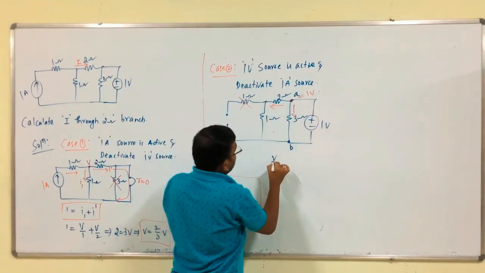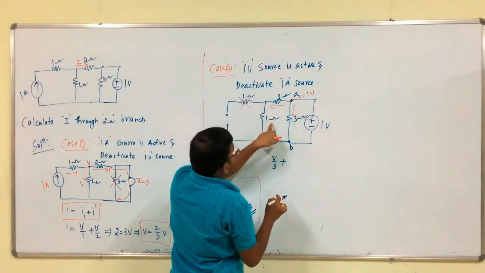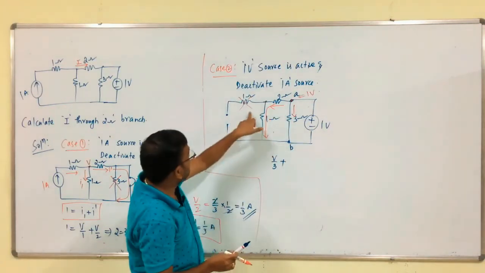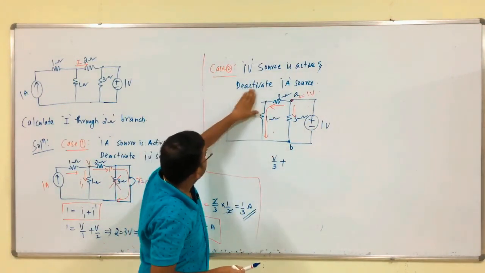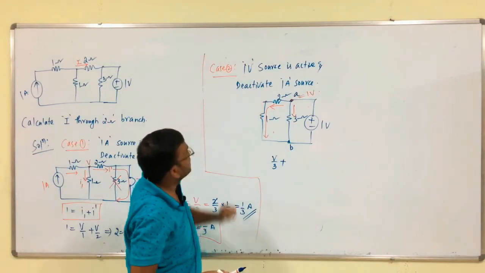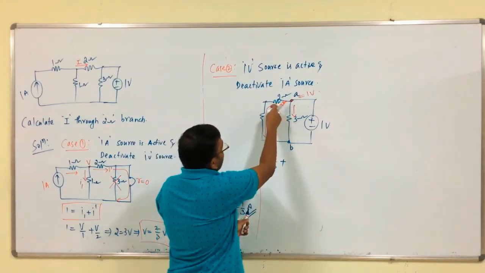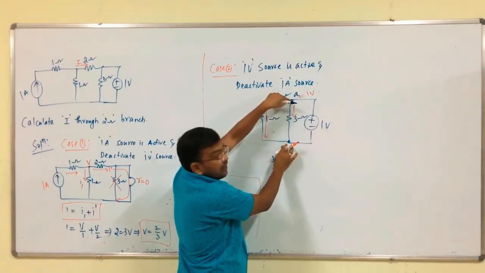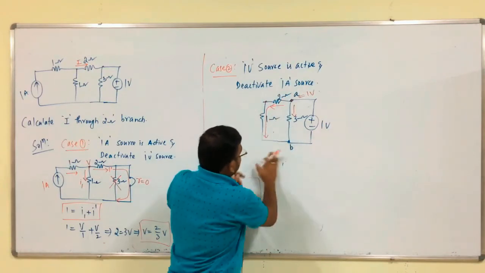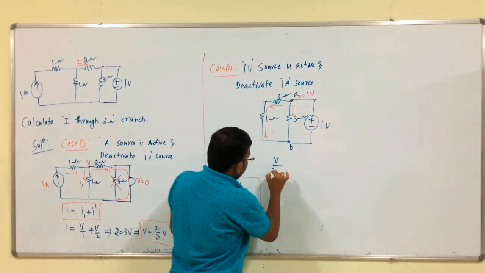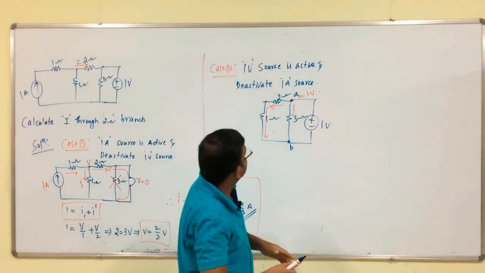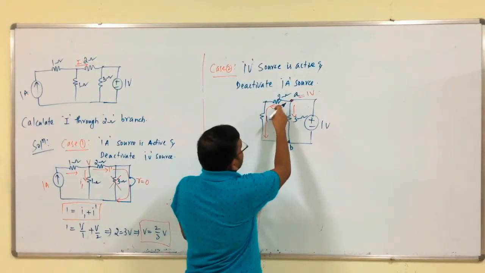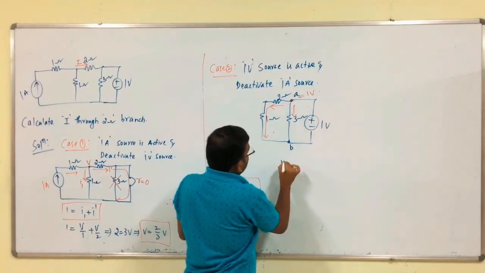So, V by (2 plus 1), the same amount of current can be leaving through this branch, because there is no current through the other branch, means there is no use of it. The voltage across is 1 volt, so it is better to write V by (2 plus 1), that is V by 3.